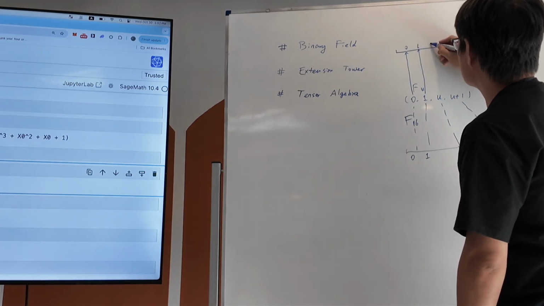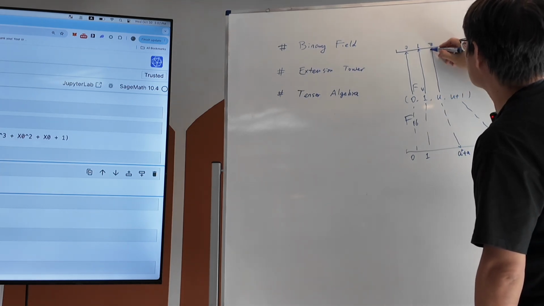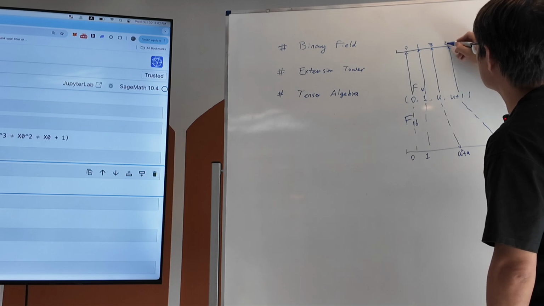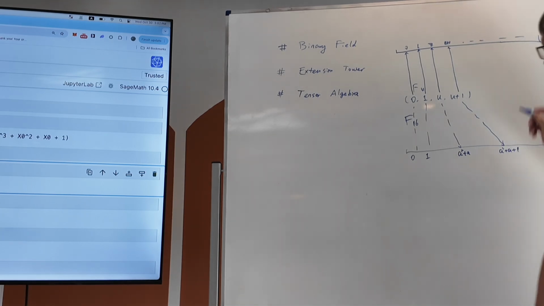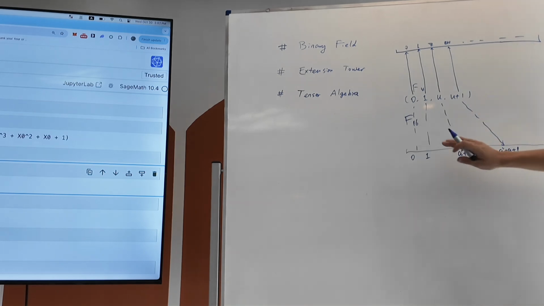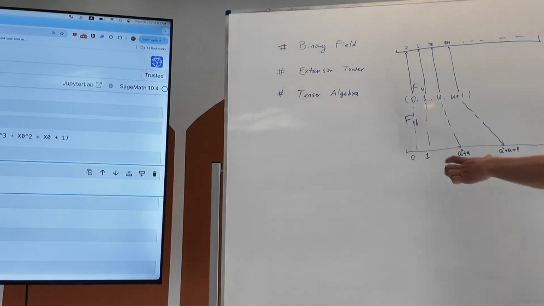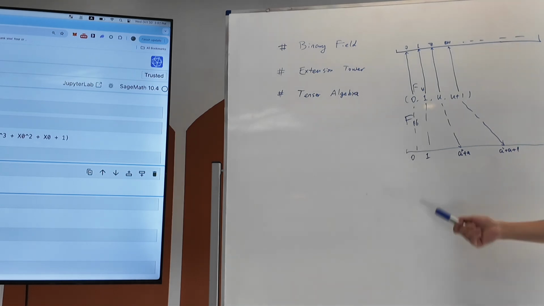Here we use another element, for example Z, and then U directly maps to Z plus 1. This extension we're going to show. And now we define F16 directly over F2, so we get kind of a messy embedding. Is that clear? Any questions so far?